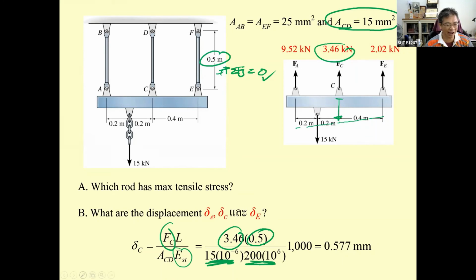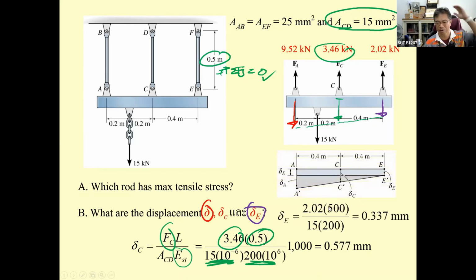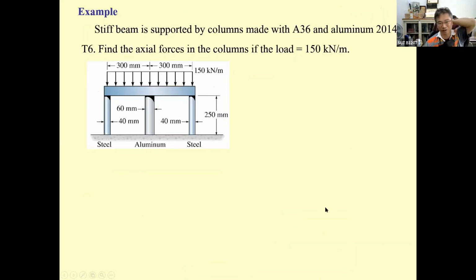Then we ask you further what this one is. You may do the computation, or you may just use the similar triangle to determine delta sub E and delta sub A. I leave this one for you guys to do the computation by yourself.